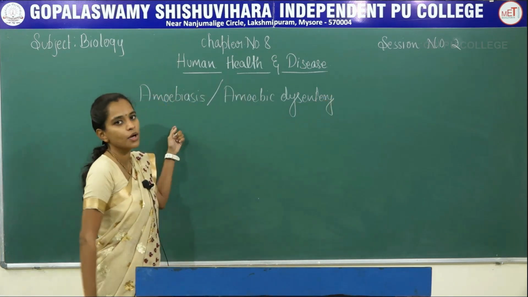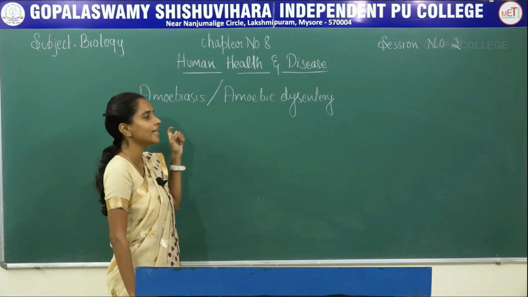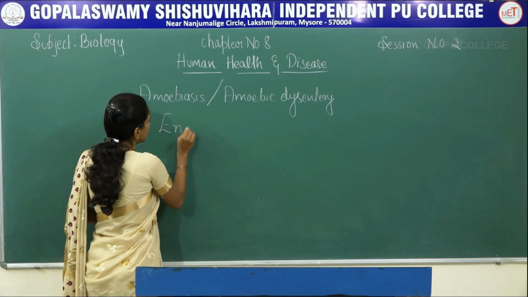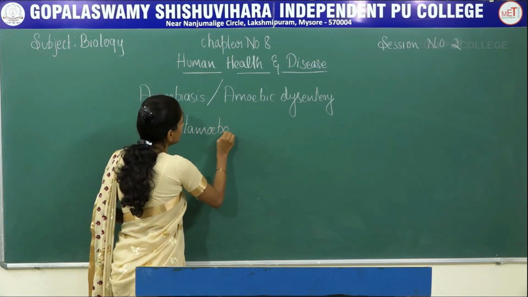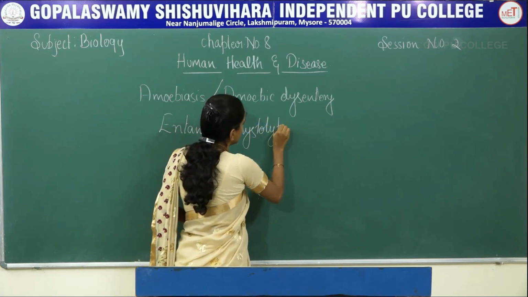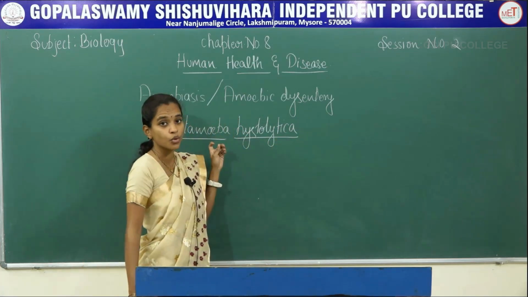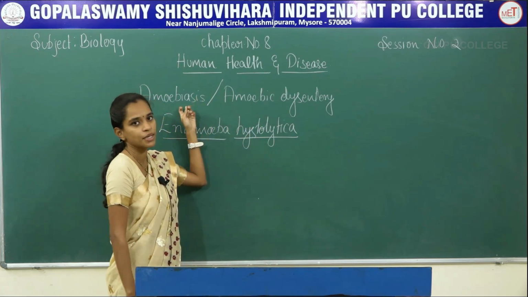This amoebiasis or amoebic dysentery is caused mainly due to a protozoan and the protozoan is Entamoeba histolytica. Entamoeba histolytica is a protozoan which causes this amoebic dysentery or amoebiasis.